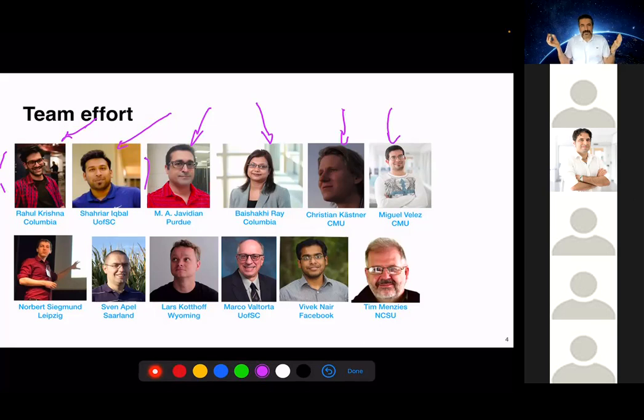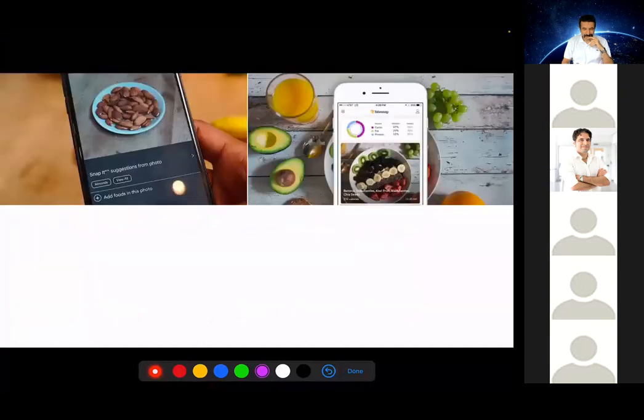And for all of these performance related topics, we also collaborate with Norbert from Leipzig, Sven, Lars, Marco Valtorta, a colleague of mine in causality, Vivek now at Facebook, and Tim Menzies at NCSU. So basically to emphasize, I'm just a presenter today. The main work has been done by this fantastic team.